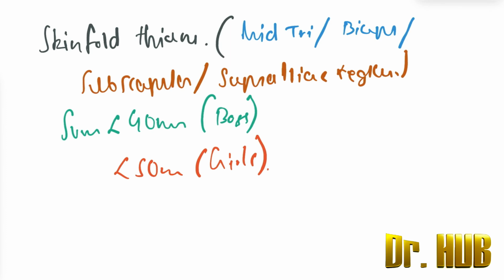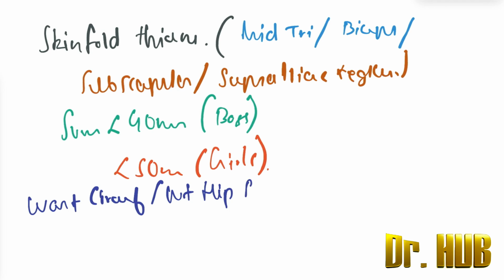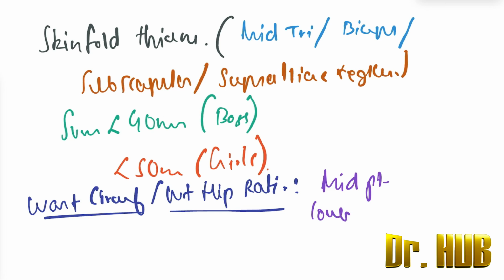Next we'll look at the waist circumference and the waist hip ratio. In this case, it is measured at the midpoint between the lower border of the rib cage and the iliac crest.